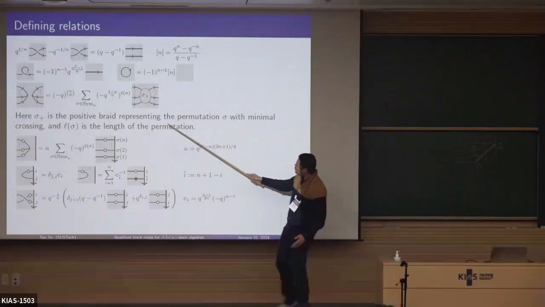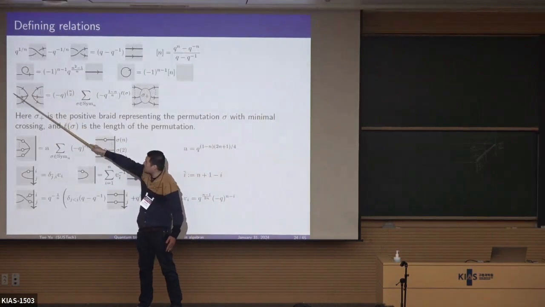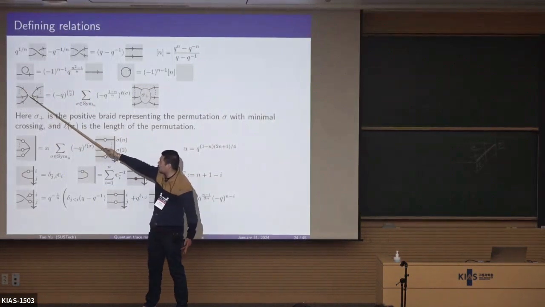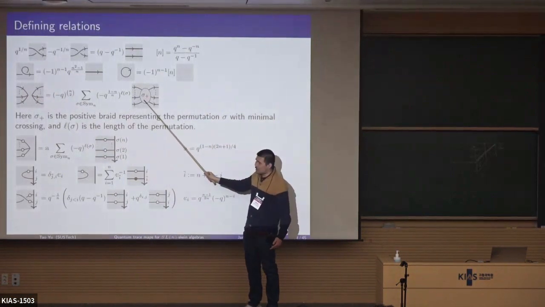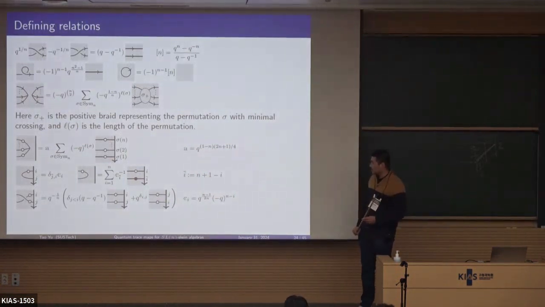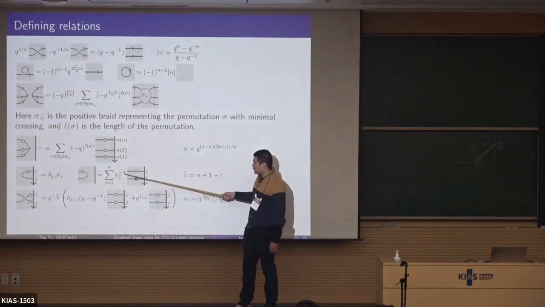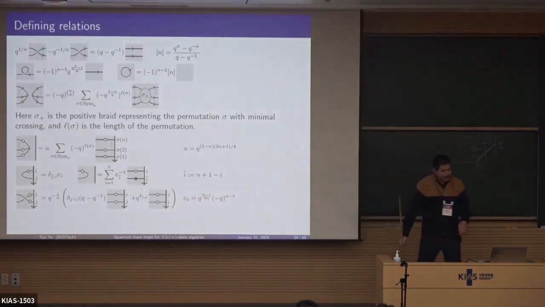For example, this relation is just saying if I have n copies of the standard representation tensored together, I do a quantum antisymmetrization and project to the trivial representation and then include it back into the n copies, I get this determinant-like formula. You can do the same interpretation for all the other ones. For example, this will be the evaluation. This is going to be the co-evaluation once you interpret everything correctly.